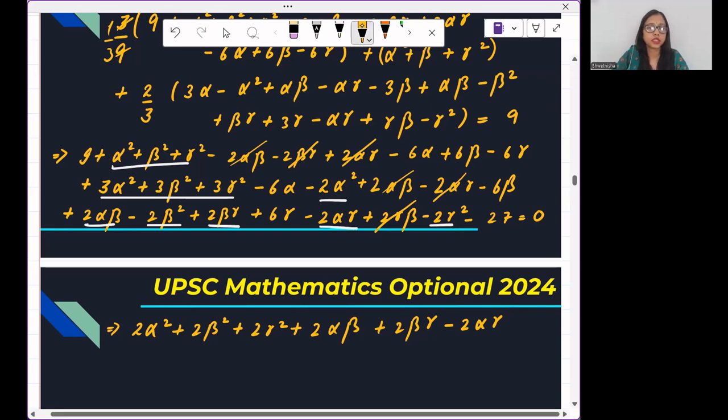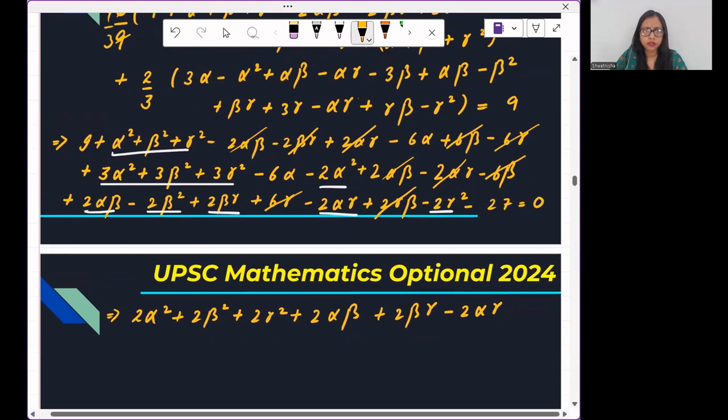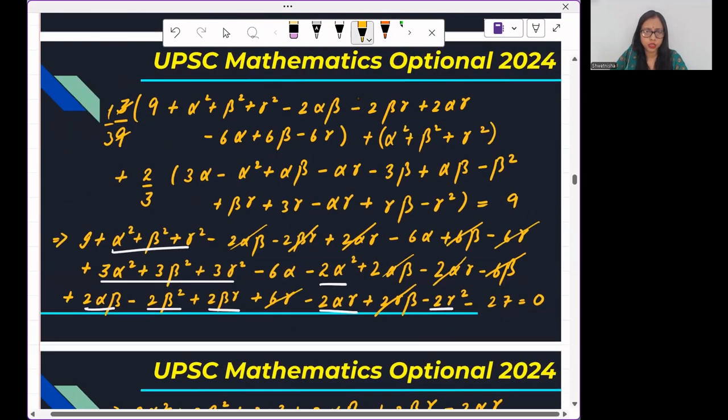Now let's see all the alphas. Minus 6 alpha, minus 6 beta, minus 6 alpha. Plus and minus cancel, minus and plus cancel. 6 alpha I think should also be cancelled. This is plus, right? Yeah, this is plus.